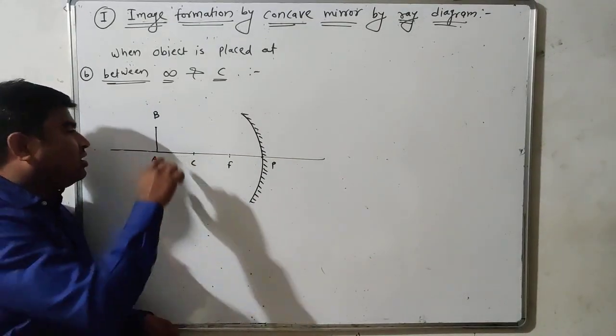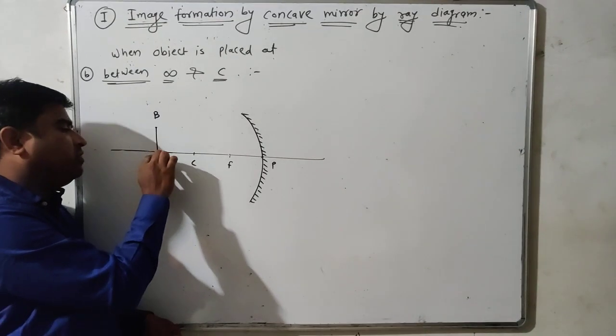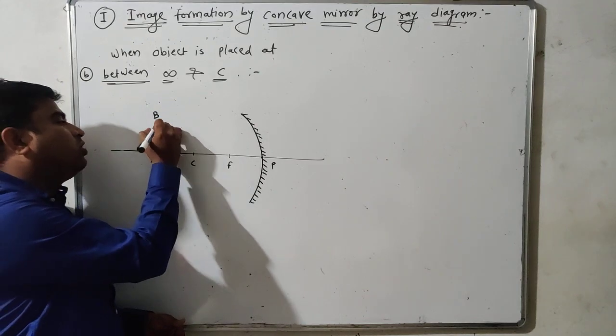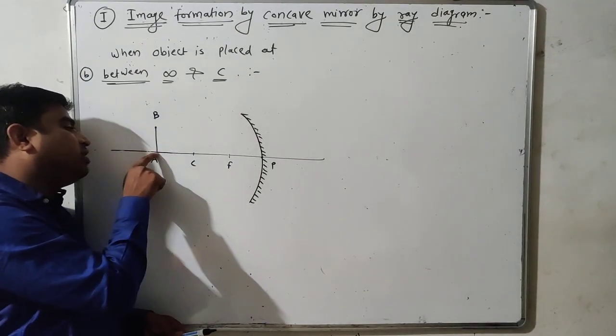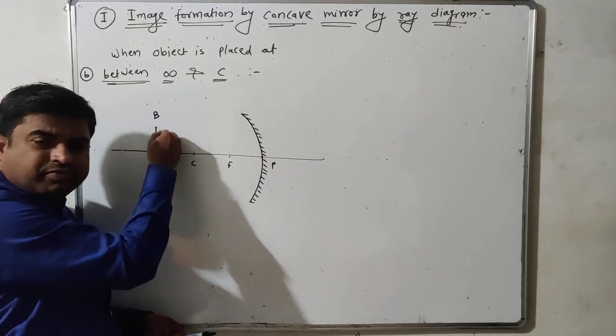Okay, now it is not possible to draw rays from all the points lying between A and B here, so we only draw the rays emitted by the extreme points, that is point A and point B, because all the other points are located between them.